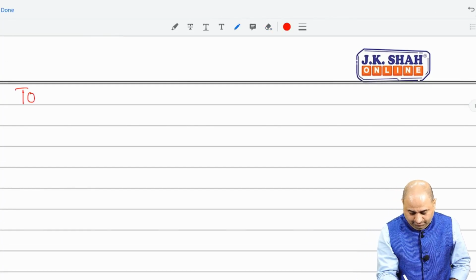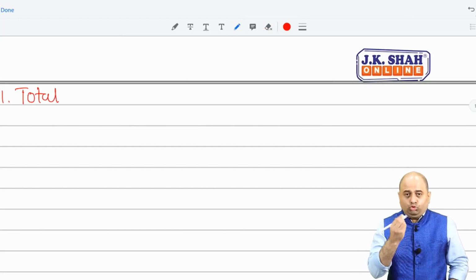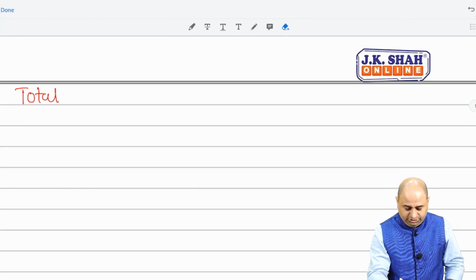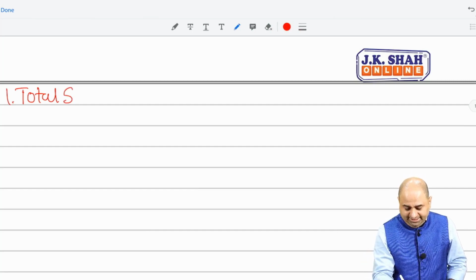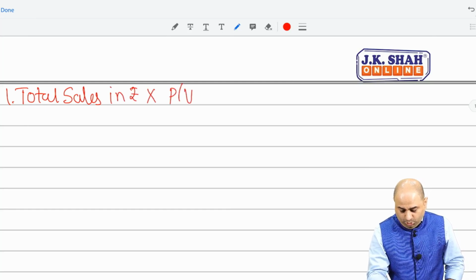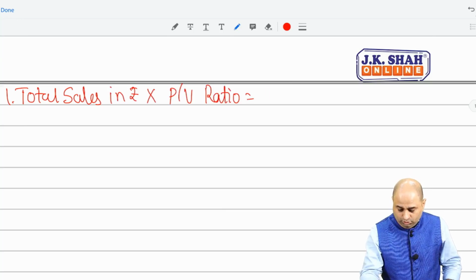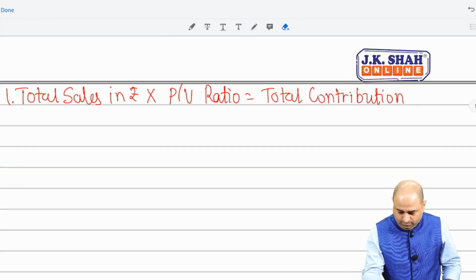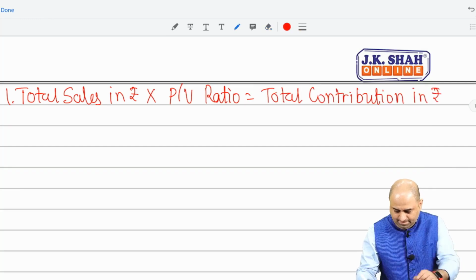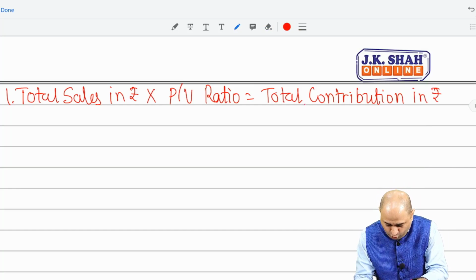So, two things I would like to put in front of you. This is first: total sales in rupees into PV ratio is equal to total contribution in rupees, which I divide in two parts.